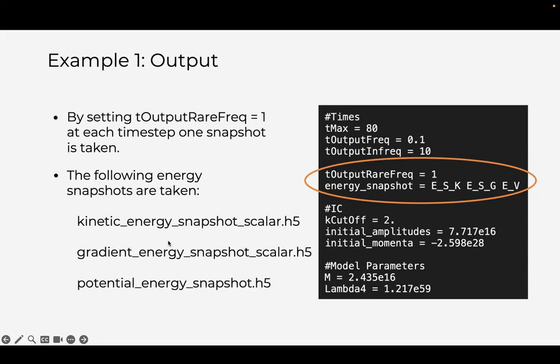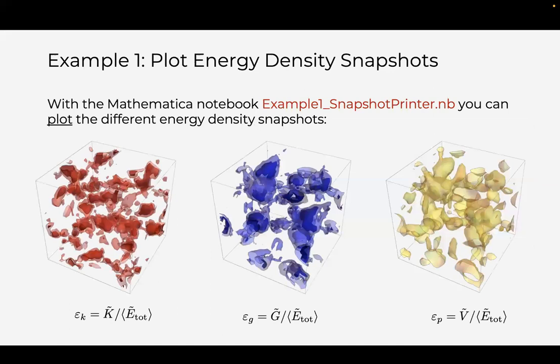These snapshots are saved in the following 3 files, as you may have already guessed. Once the simulation is finished, you can plot these different energy components with the Mathematica notebook that I've provided to you.